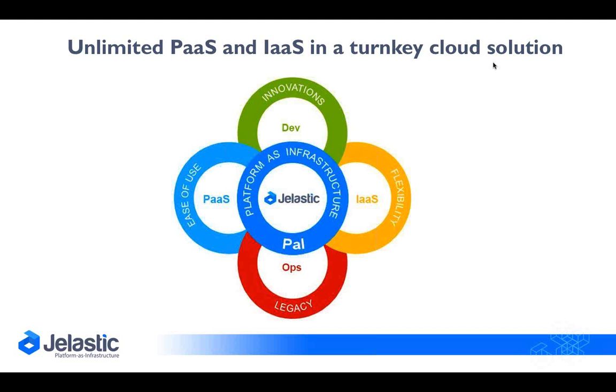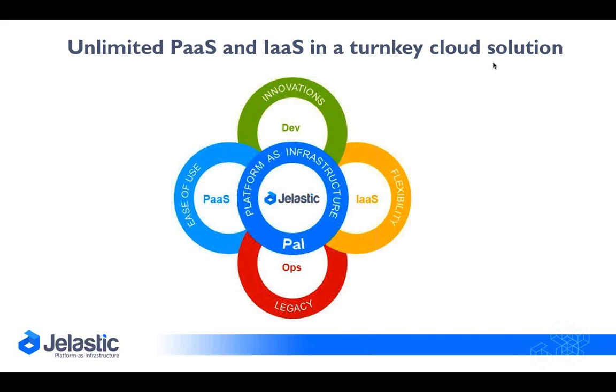So, a short overview of our platform. Jelastic is a hybrid solution. It's a platform as a service together with infrastructure as a service, so it contains two useful layers for companies. Platform as a service simplifies complex development processes, and infrastructure as a service gives flexibility because sometimes platform as a service does not cover some specific functionality.